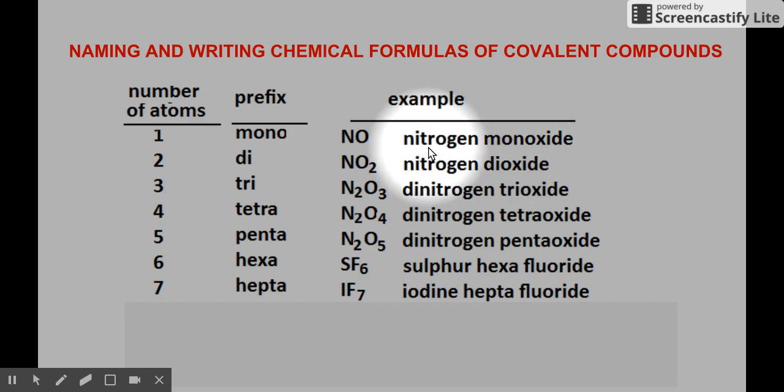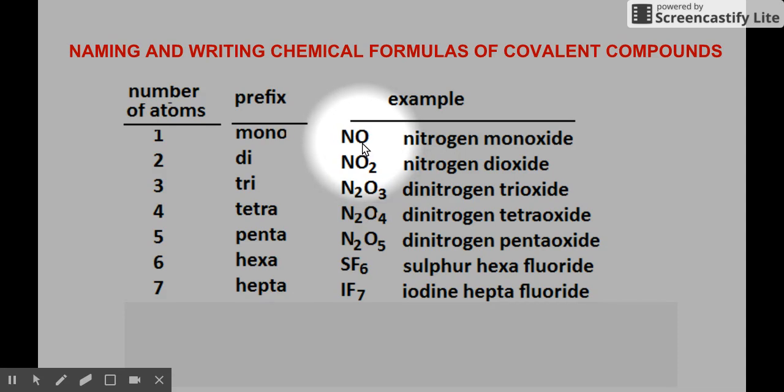We did not say mononitrogen monoxide. Remember, I told you that the prefix mono cannot be used for the first nonmetal element written in the chemical formula. If it's just 1, you just retain its name with no prefix. That's understood to be 1. However, you can already use the prefix mono for the second nonmetal element. In this case, it is oxygen.